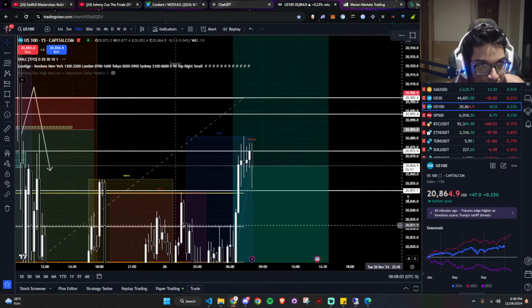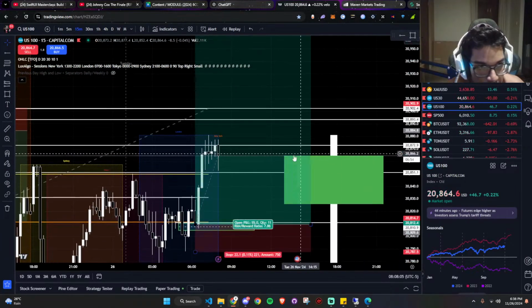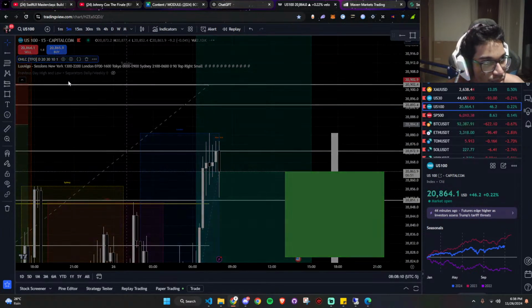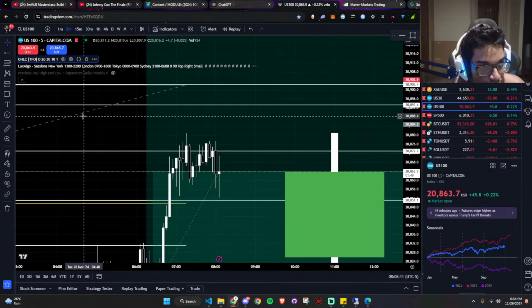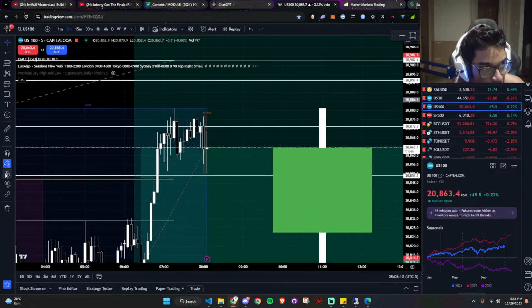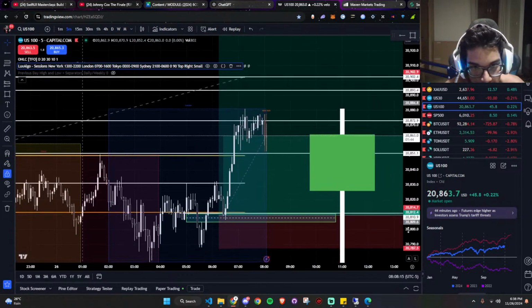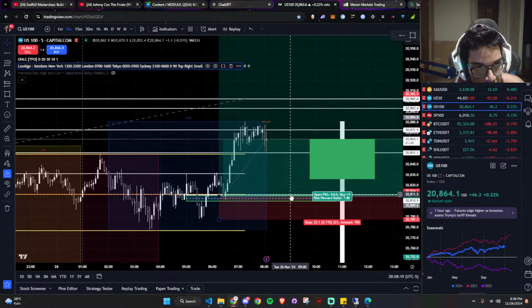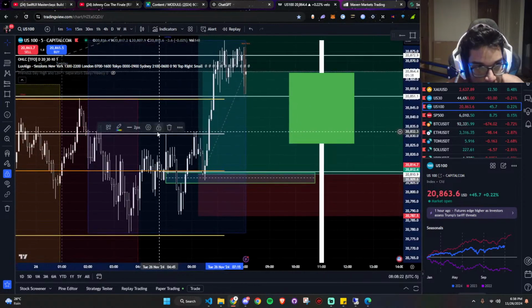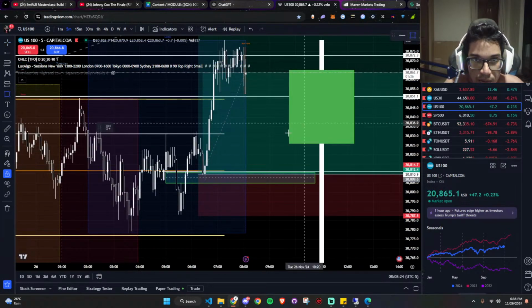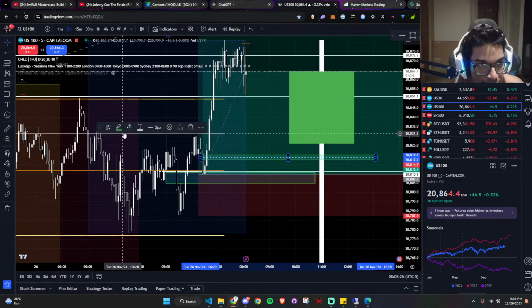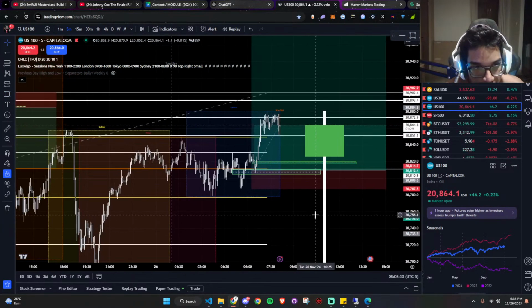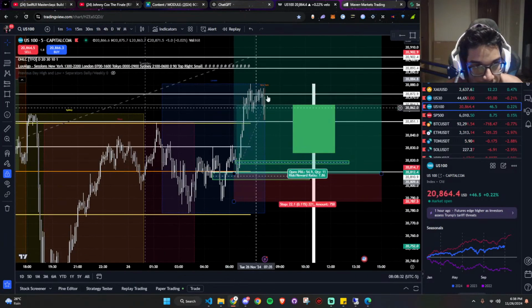Seems like, yeah, so there's no pullback though, that's the problem. There's no pullback. There's one inverse value gap here, in this range.